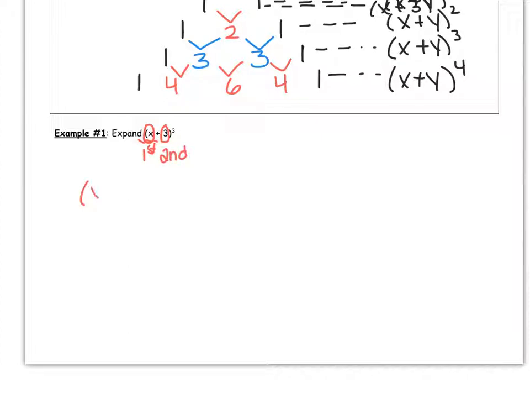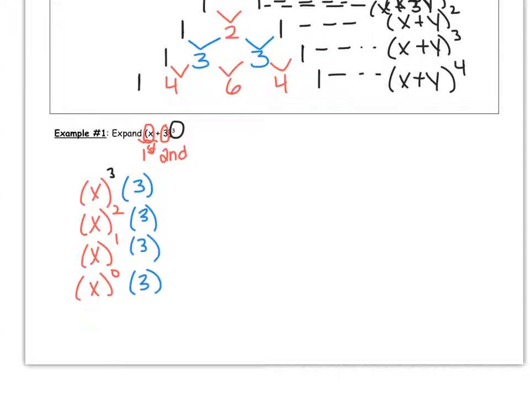And the first term always gets the power, so x to the third. And then you keep writing down x to the second now, so you drop the power down, and then x to the first, and then all the way down to x to the 0. And then you take the second term, which is 3, and you write it all the way down here.